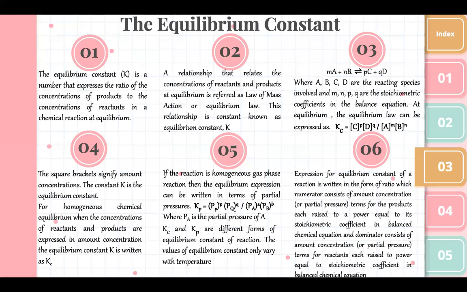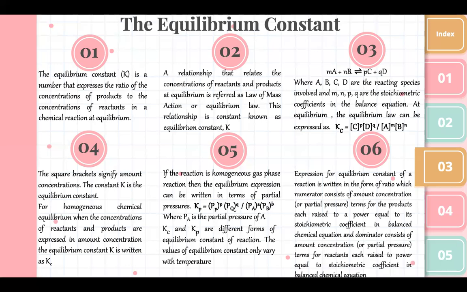mA plus nB, with the sign of equilibrium, become pC plus qD, where A, B, C, D are the reacting species involved and m, n, p, q are the stoichiometric coefficients in the balanced equation.